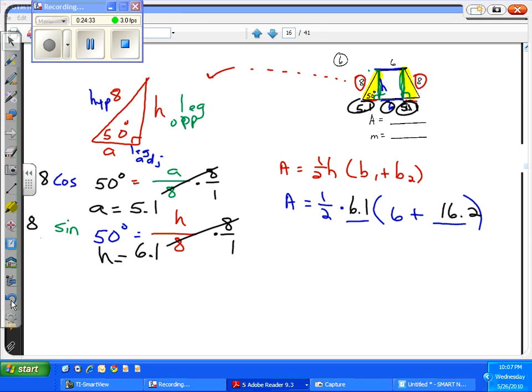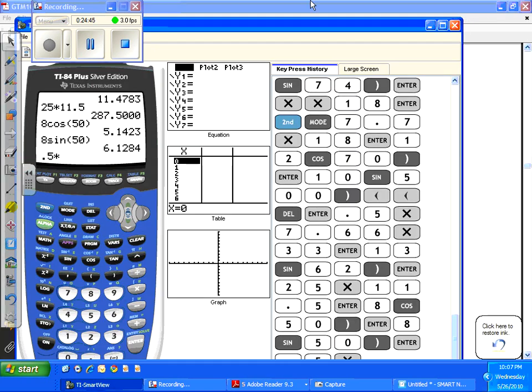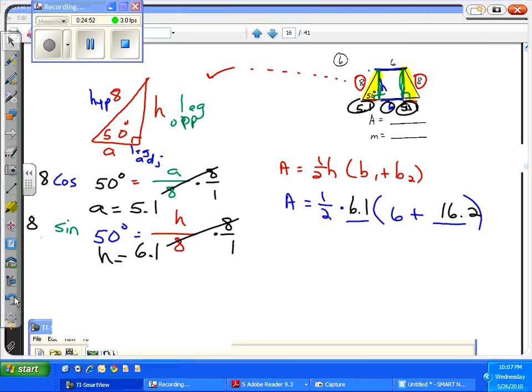So we're going to find the area. We'll just go ahead and punch it all in as we see it. 0.5 times 6.1, 6, 16.2.